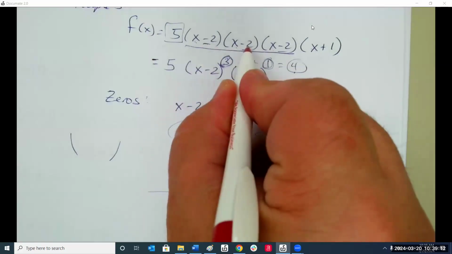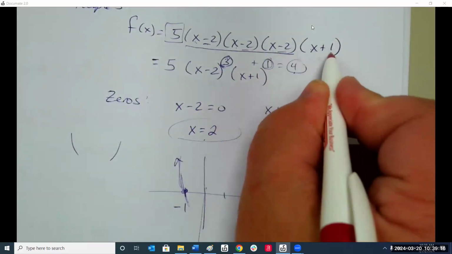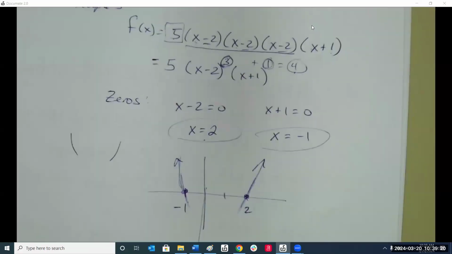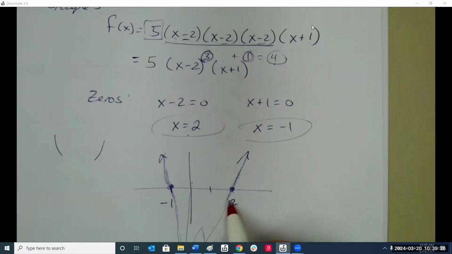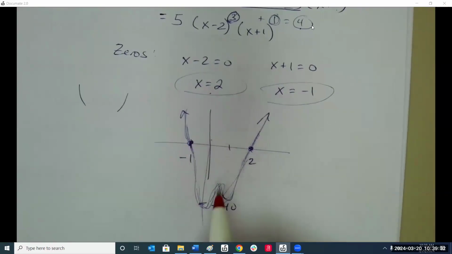So -2 times -2 is +4, times -2 is -8, times 1 is -8, times 5 is -40. So it's going to cross, and it'll look something like this, because all we know for sure is our x-intercepts and the y-intercept. The rest of the graph, we have to plot points.